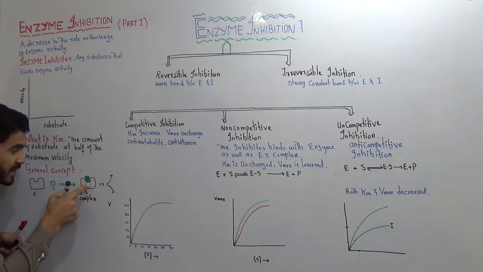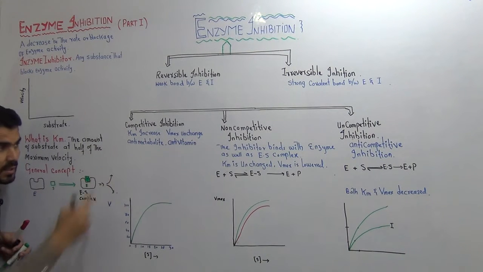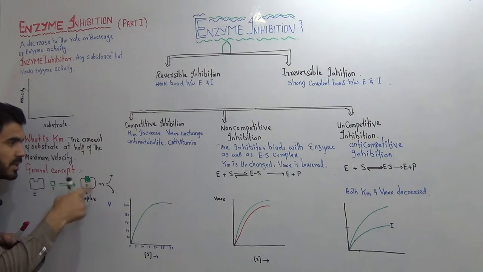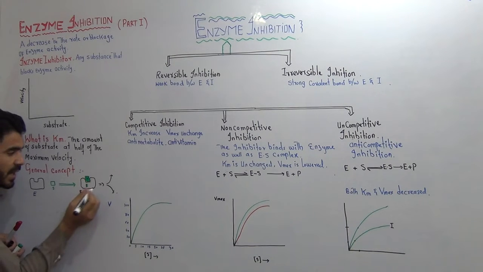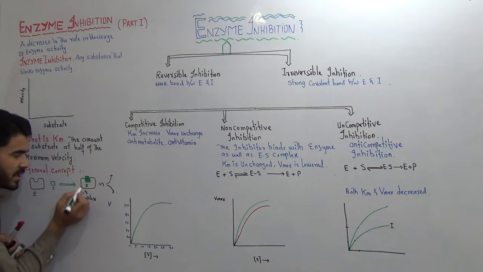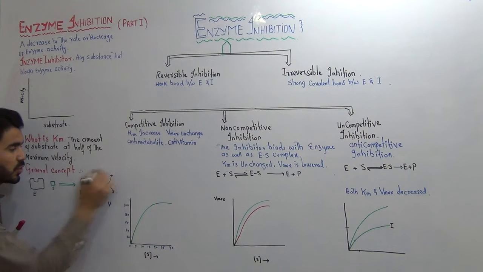You should know that complex, because in the upcoming time you will hear this word time to time, therefore it's very important. So with the help of this enzyme substrate complex, finally the substrate is broken down and converted into product.